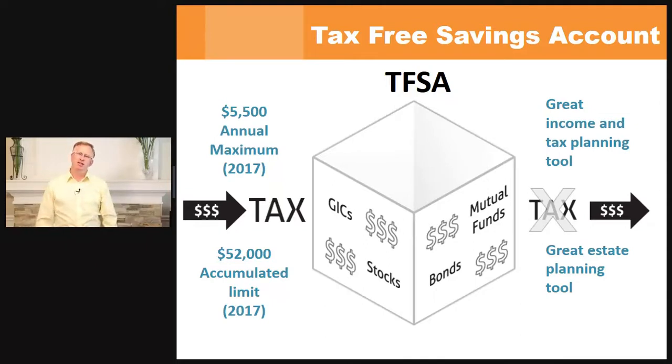So if you decide, I'm not going to buy that 65-foot yacht, and you'd love to put that money back into your tax-free savings account, by all means. They allow you to put the entire $1 million back into your tax-free savings account. Pretty powerful.